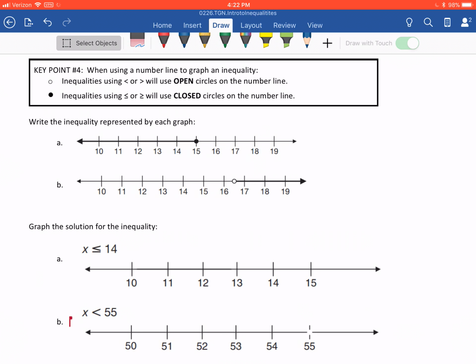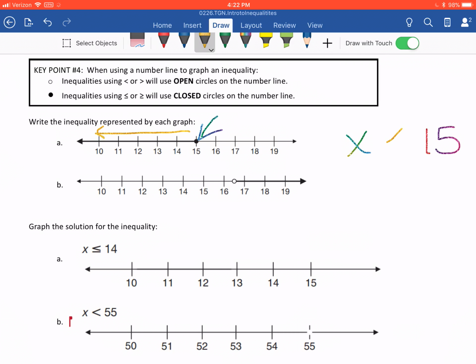So for letter A, I know that x needs to have some relationship to 15 because that's where that dot is right there. I know that x is less than 15 because that dark arrow is going in this direction, and everything in that direction is less than 15.